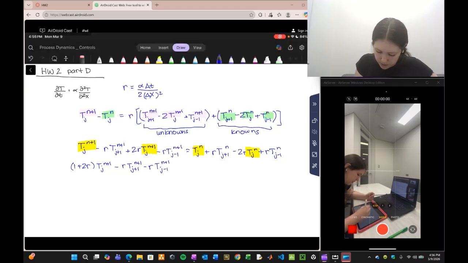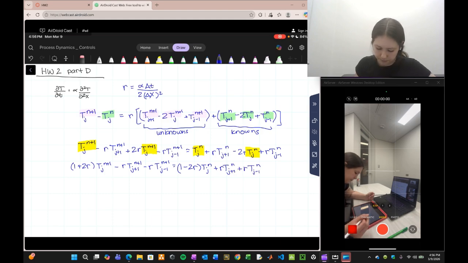And we'll do the same thing on the other side. It'll be 1 minus 2R of T sub j at time n, and then plus R T j plus 1 plus R T j minus 1 at time n.